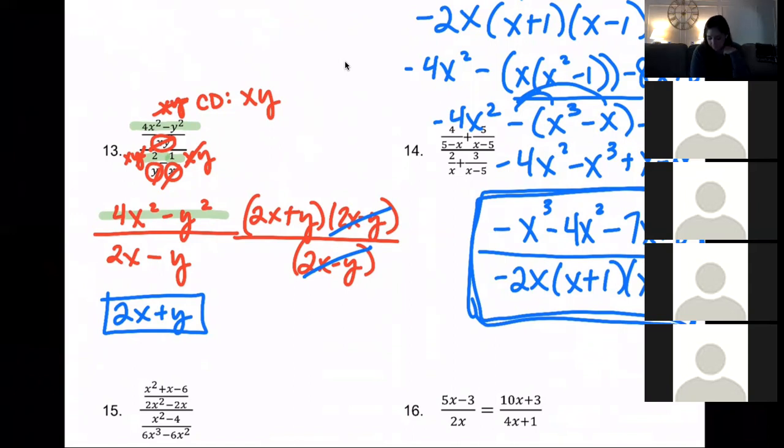So for ones like number 14, you have to find the common denominator of the top one and then the common denominator of the bottom one, but then you don't have to have a common denominator to divide, right? Right. So you don't have to have a common denominator of all 4 of the denominators, just of the top 2 and then just of the bottom 2. Yeah, that's one way that I taught you guys to do it. So if that's the way you prefer, then stick with that way. Got it.